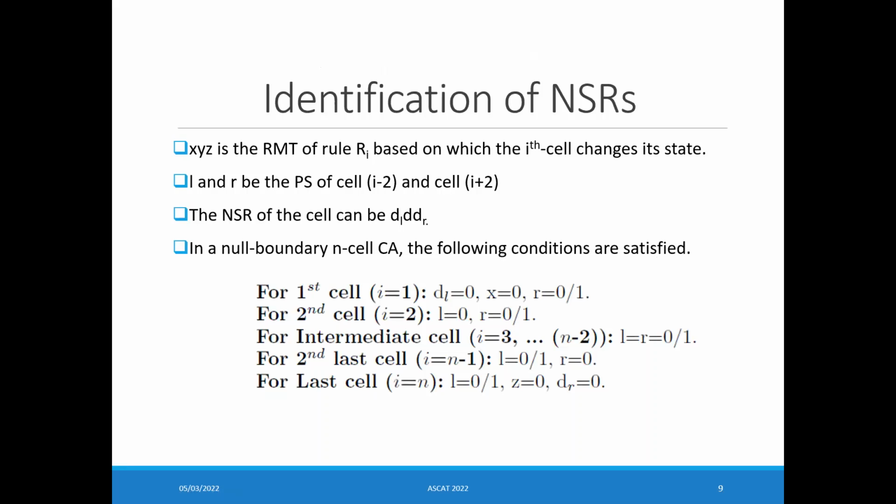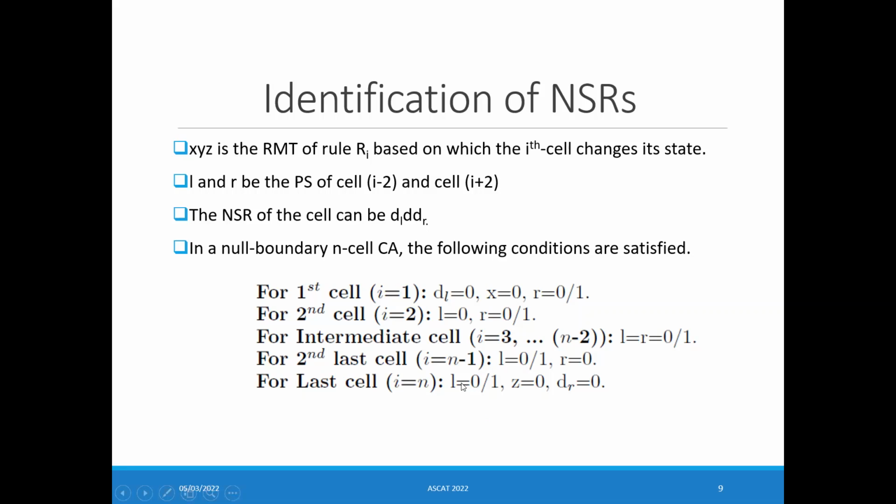So the first step of constructing the NSRS graph is to identify the NSR. For identifying the NSR, suppose XYZ is the RMT of rule i, based on which the ith cell changes state. L represents the (i-1)th state, and R represents the (i+1)th state. Then the next state RMT will be DL, D, and DR. Then the following condition will always be true.